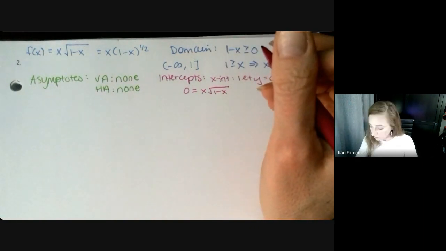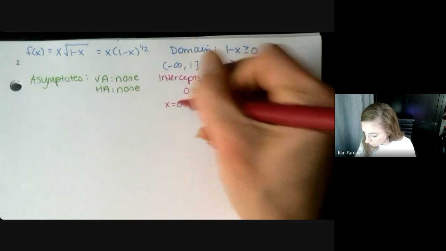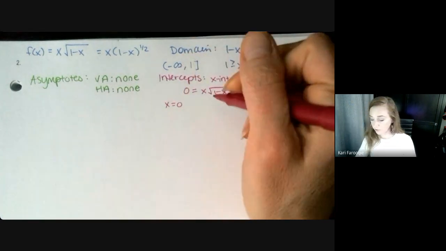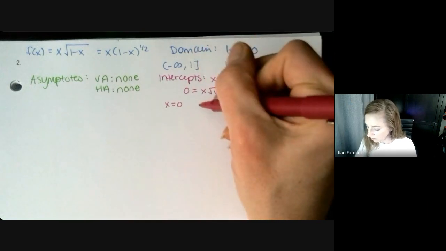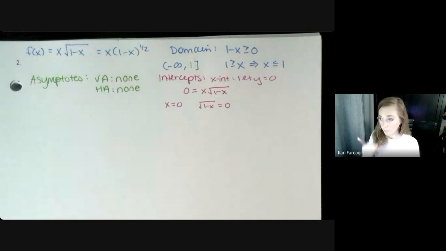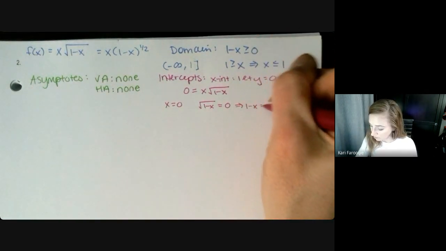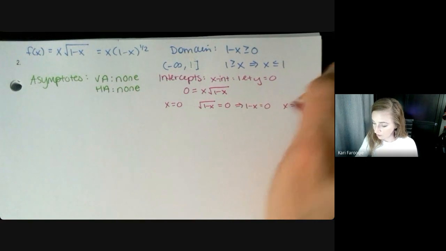So if we have x times the square root of 1 minus x, we'll have x equals 0. We'll talk about that in a second. Or we have the square root of 1 minus x equals 0. Square both sides and you get 1 minus x equals 0 and x equals 1.